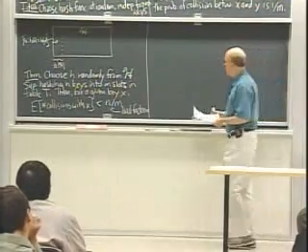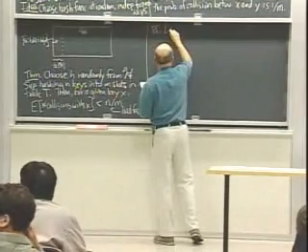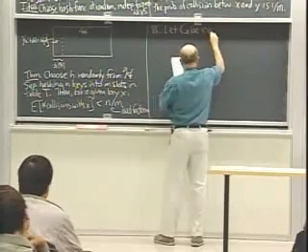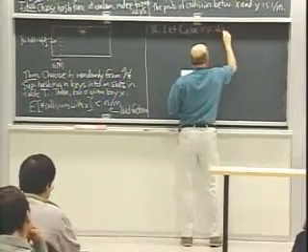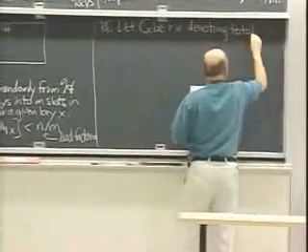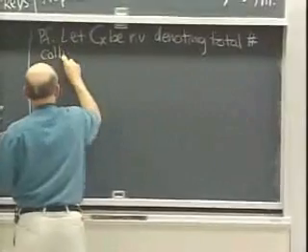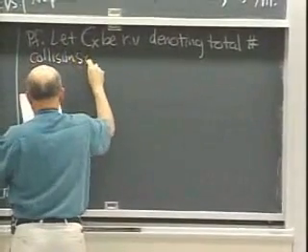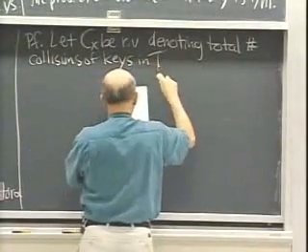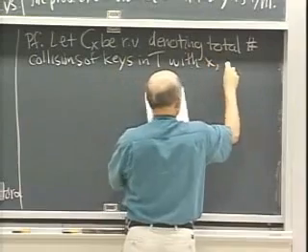Okay, good. To prove this, let C sub x be the random variable denoting the total number of collisions of keys in T with x.